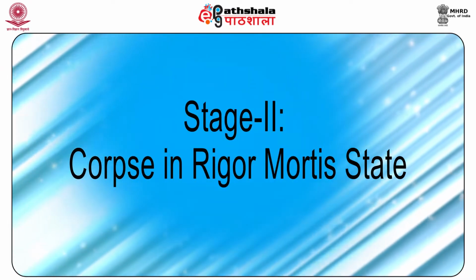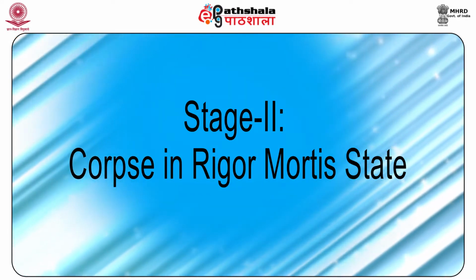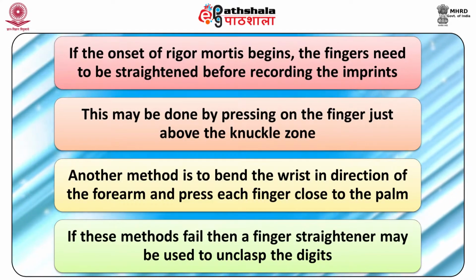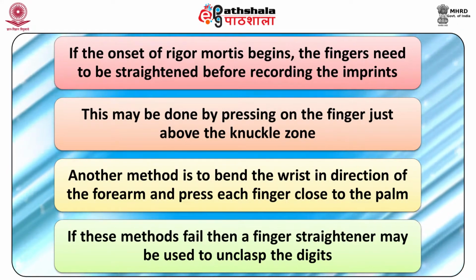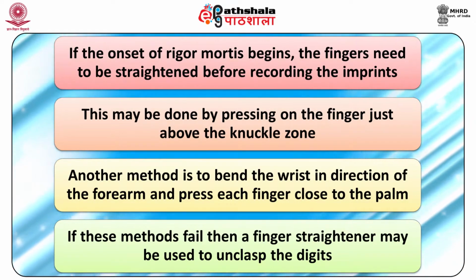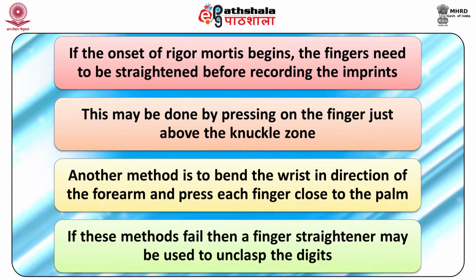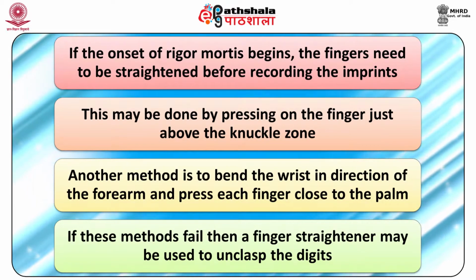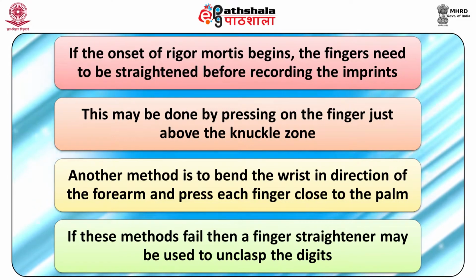Next, we move on to stage 2, that is, corpse in rigor mortis state. If the onset of rigor mortis begins, the fingers need to be straightened before recording the imprints. This may be done by pressing on the finger just above the knuckle zone.